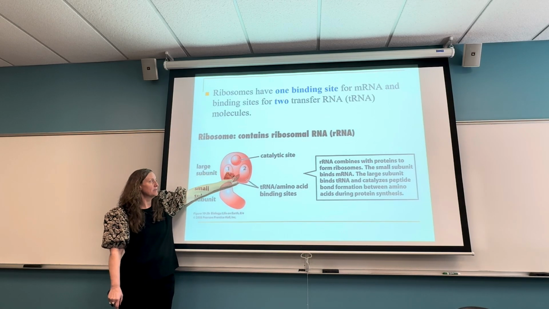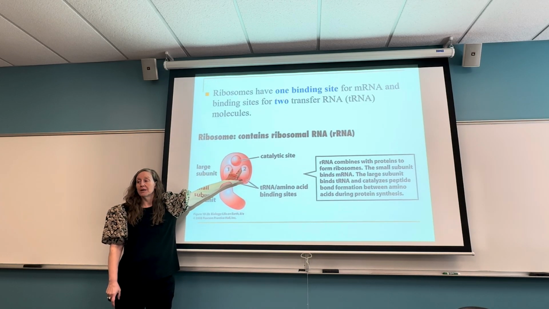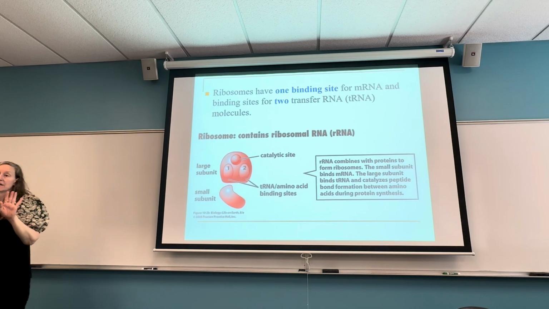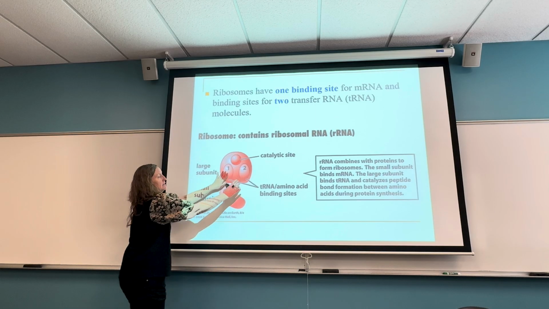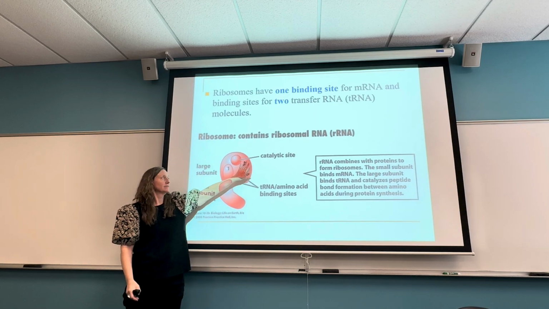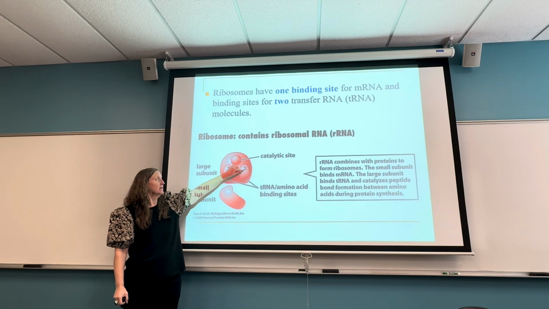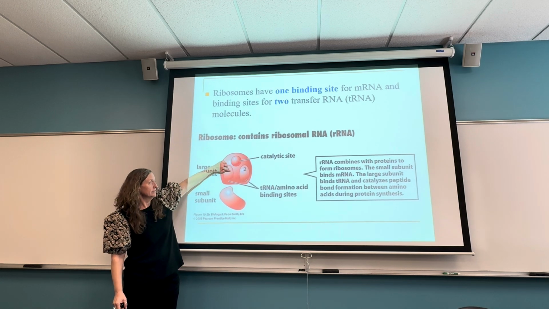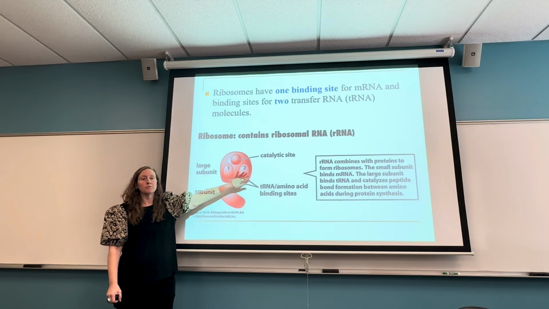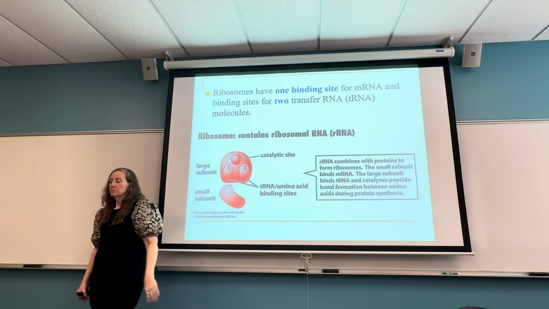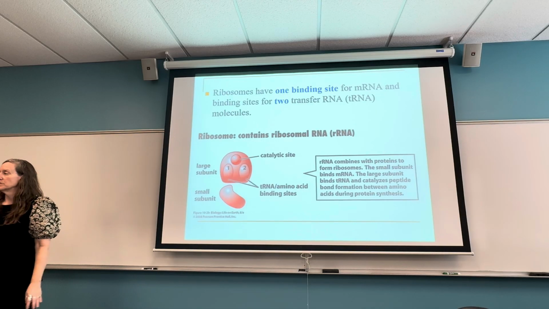They make a bond between the two amino acids to form a peptide bond between them. And then those peptide bonds add two amino acids together, and then they move over one. A new tRNA comes over with the amino acid, and then another peptide bond is formed. And every time you add a new amino acid, another peptide bond is formed until you get the complete protein.